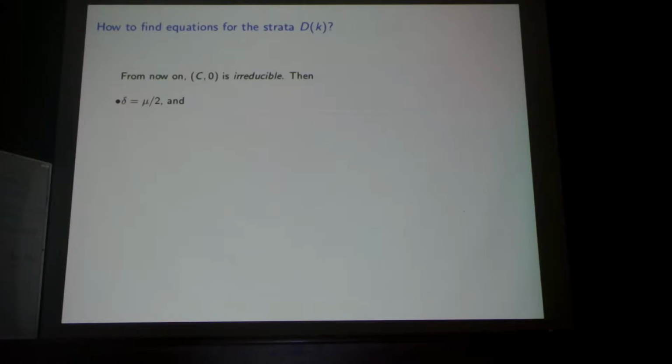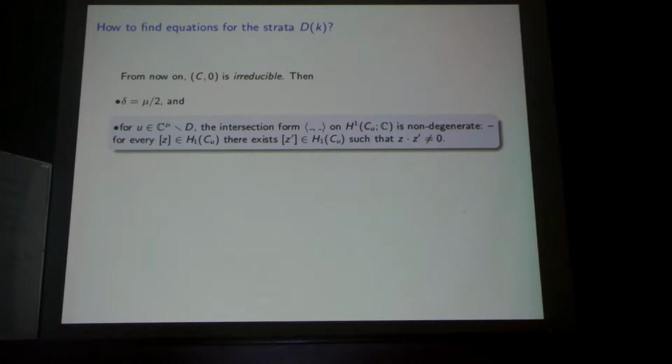So, I remind you that the curve is irreducible, delta is half of mu, and I want to remind you about the intersection form. The intersection form is defined most simply on homology, but there's a dual intersection form on the cohomology. To understand it in homology is much clearer.